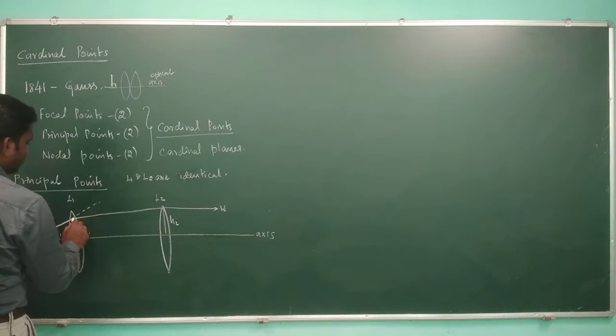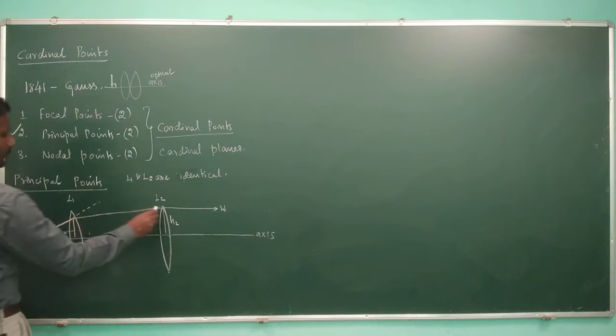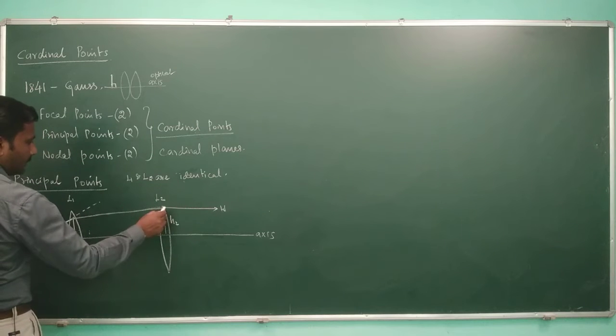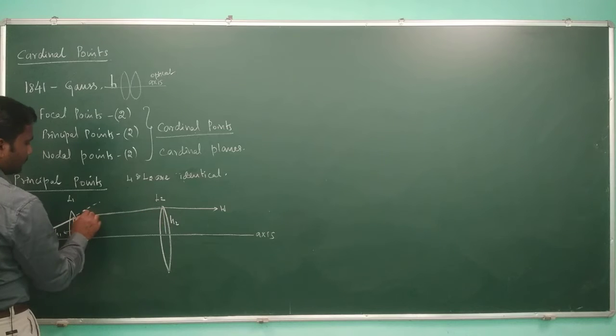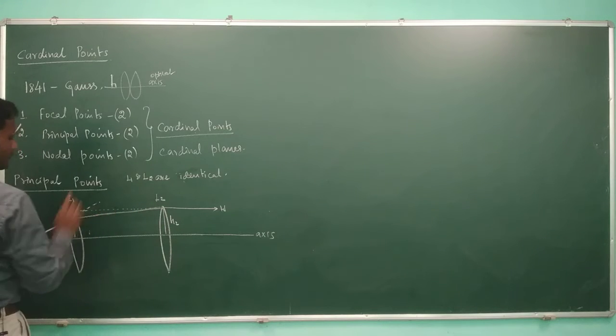And similarly, this is an inclined line. Instead, if you extend this parallel ray backward, it will be like this.